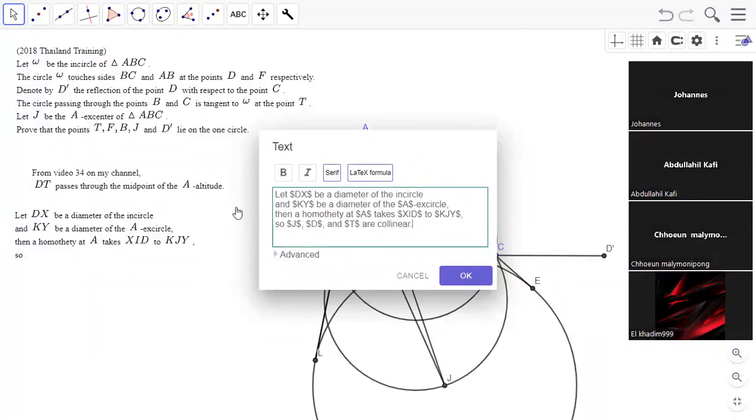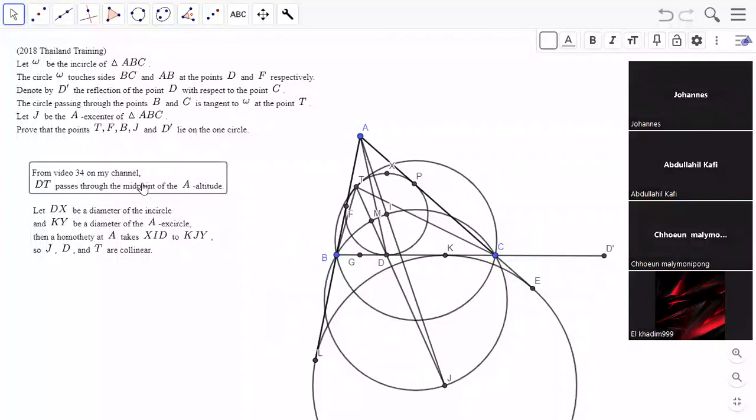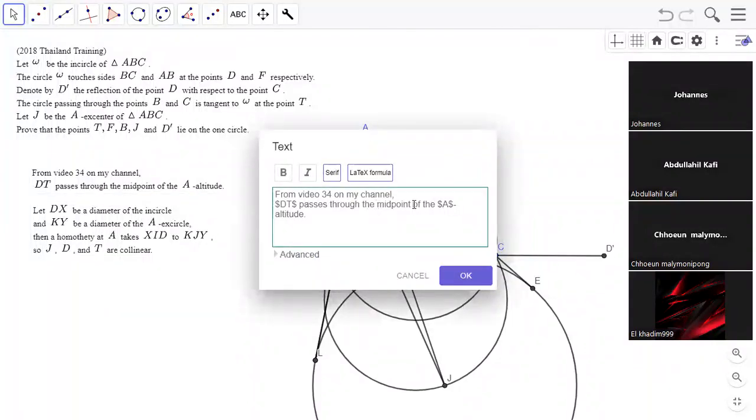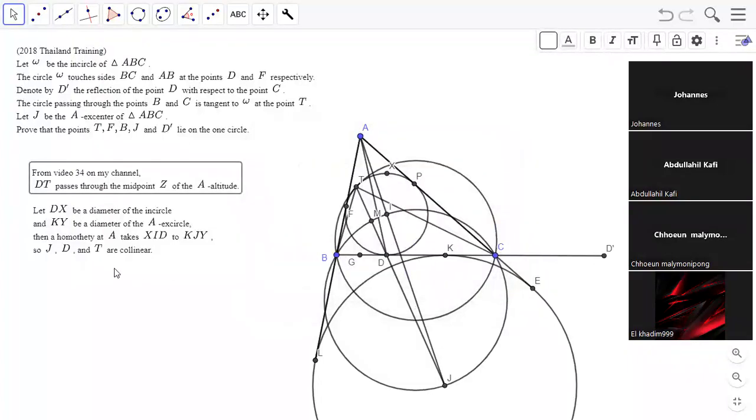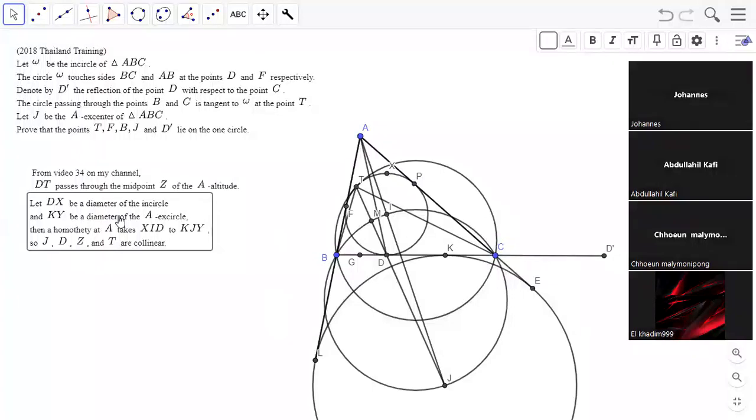So, midpoint, I could say the midpoint Z. And then here I'll just add in Z. That way it's clear. And then once we have that, so TF is parallel to, I think it was LD, or was it?